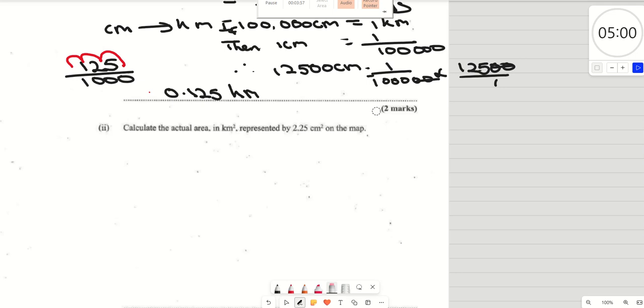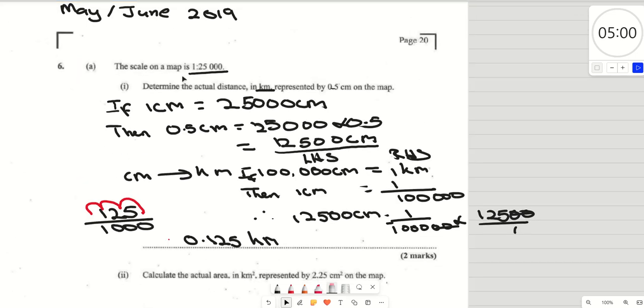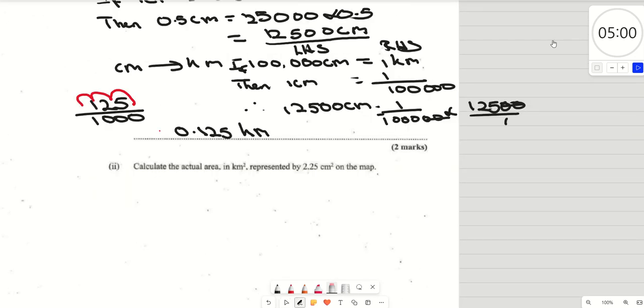So in this question, we see the map. They gave us the scale on the map. So let us first find the area for the scale of the map. So the area would be 25,000 multiplied by 25,000. Or if you want to convert this in centimeters to kilometers, you have to divide each by 1,000.